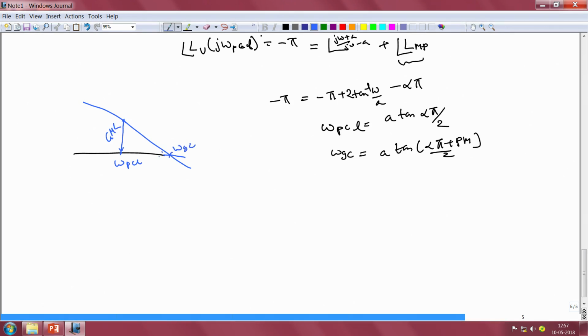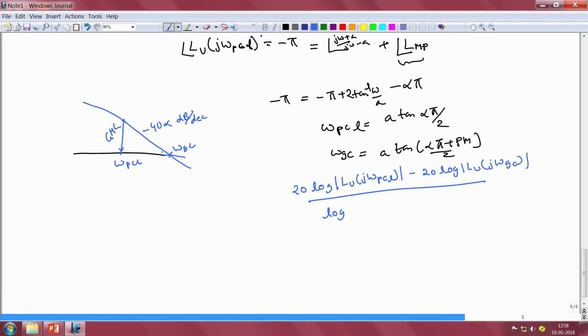We assume that in between these two frequencies the slope is minus 40 alpha decibels per decade, which implies that 20 times log of the magnitude of Lu at the frequency omega Pc lower minus 20 times log of the magnitude of Lu at the frequency omega Gc, divided by log of omega Pc lower minus log of omega Gc, is going to be equal to minus 40 alpha decibels per decade.